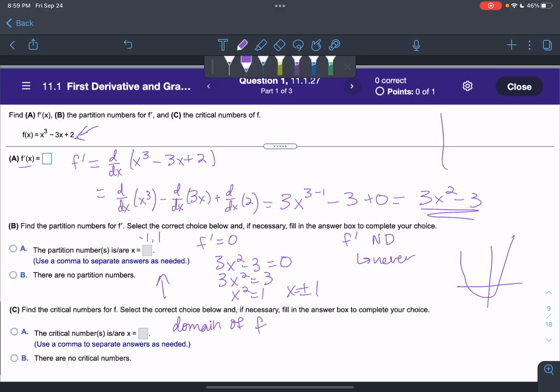It's a cubic function, so maybe something like this. So it's all real numbers, or from negative infinity to infinity. So that's why our critical numbers are the same as our partition numbers. But that may not always be the case, and we'll see an example in the next problem.